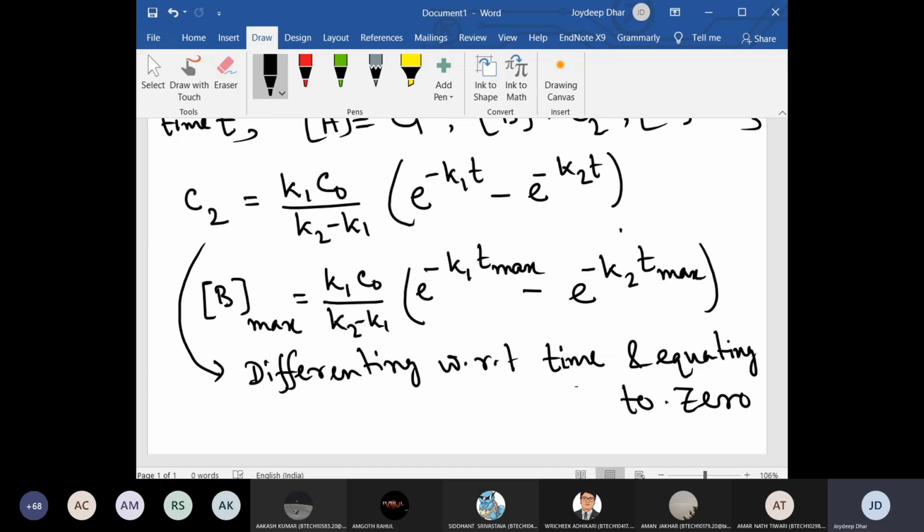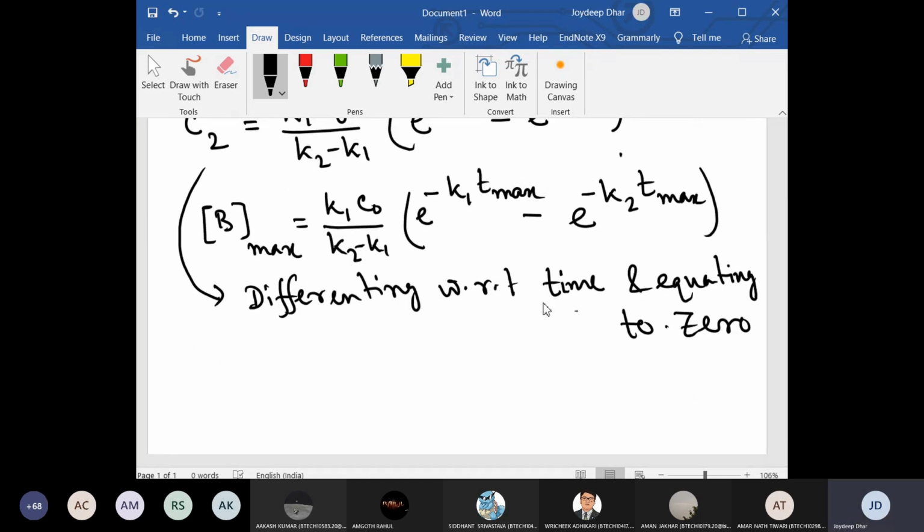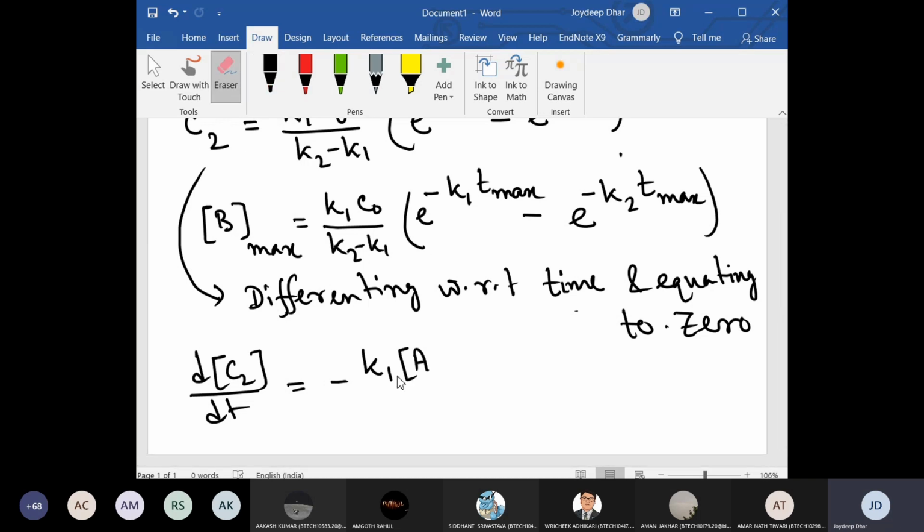So if you make the first derivative, you can easily get it. So dC2/dt, that you will get. I am writing from the book straight away, you can derive, and you will get the same form.